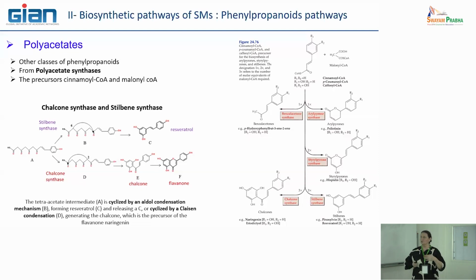Some stilbene synthases are also involved in this type of polymerization. And what was found is that antifungal or antibacterial activity is more efficient with polymerized resveratrol instead of the resveratrol molecule alone.